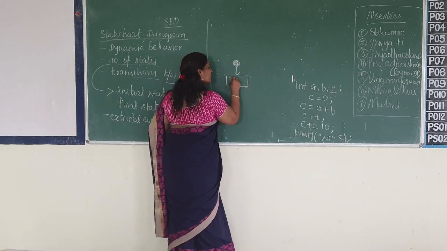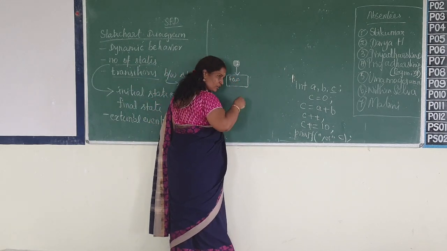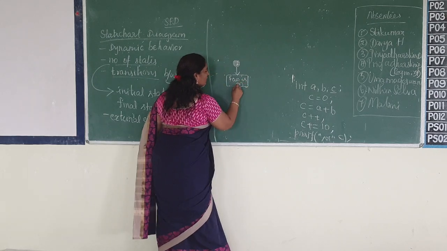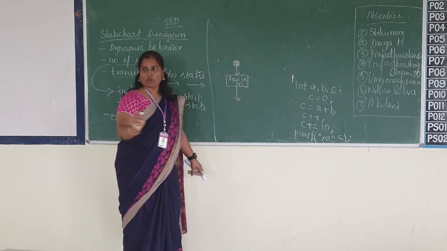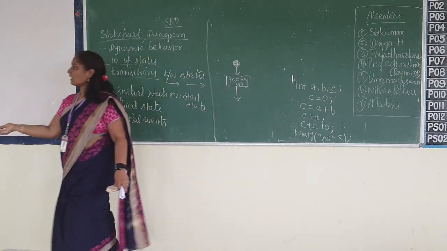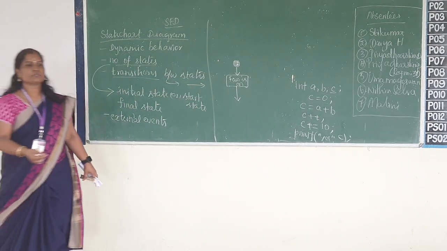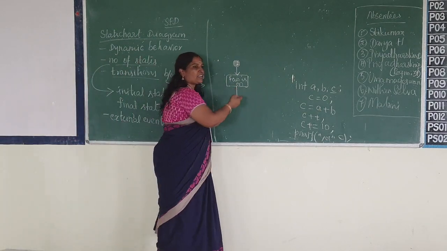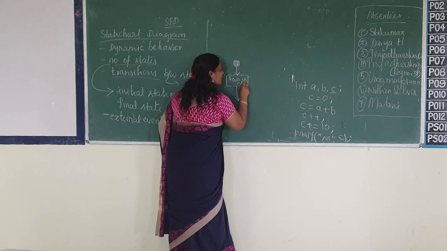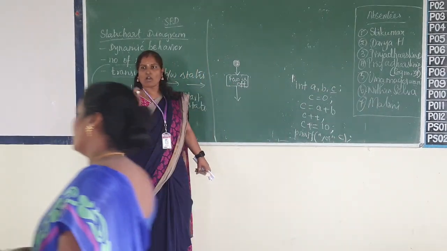So now a simple diagram I am drawing. Once again I will give you another example. Fan is on, that is the initial condition. Normally it will be off. So I start with this. Initially fan is off.